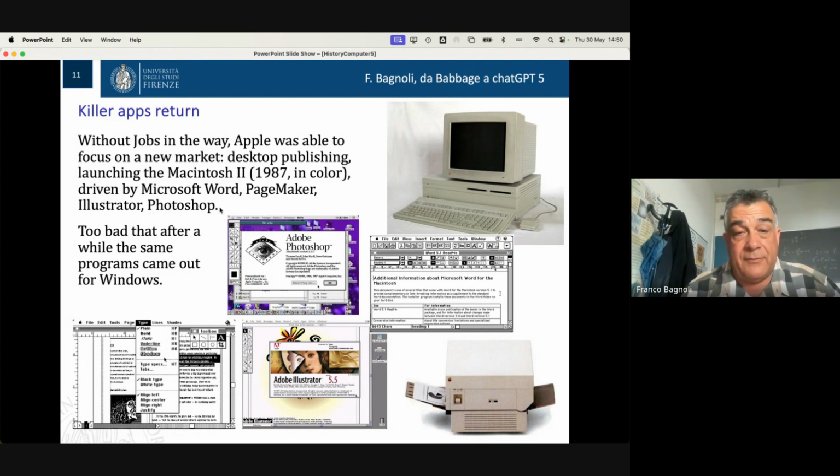I remember having worked at that time in a computer house essentially dedicated to desktop publishing, and so essentially with a laser printer and a new, more powerful Macintosh, you were able to produce low-level publications using Word, Photoshop, and then Adobe Illustrator for making illustrations. And so essentially it was quite a mature system.